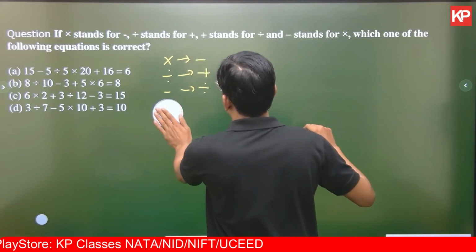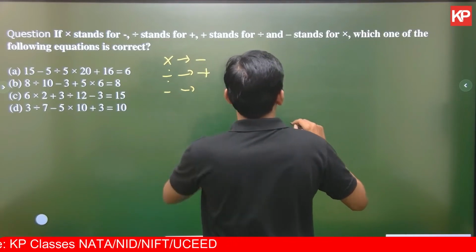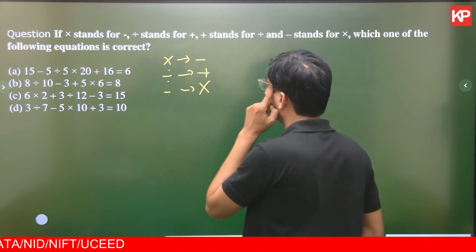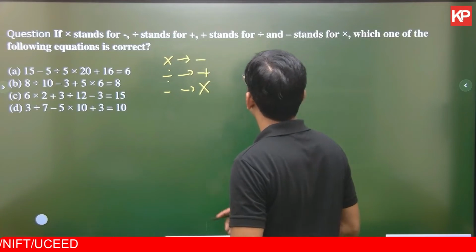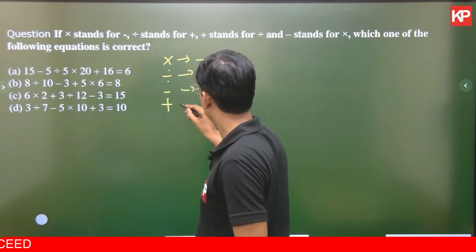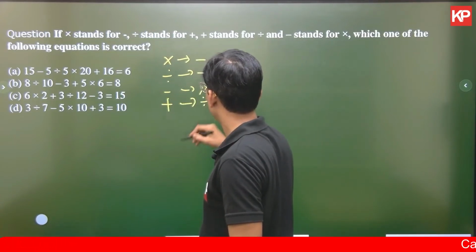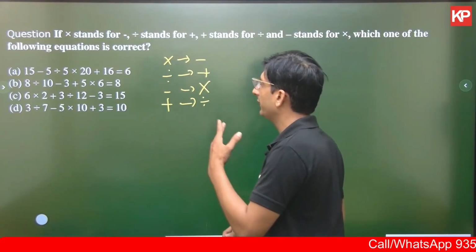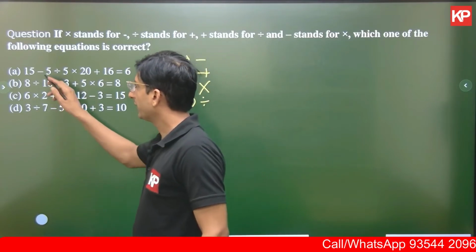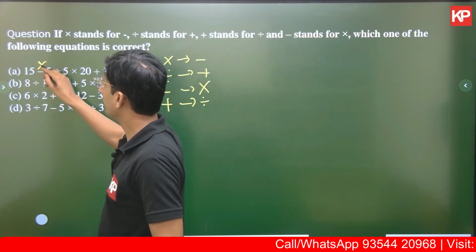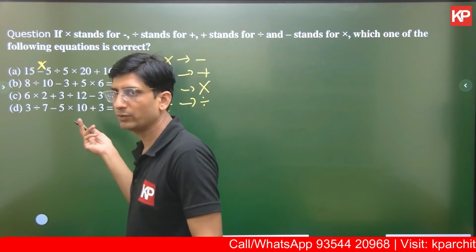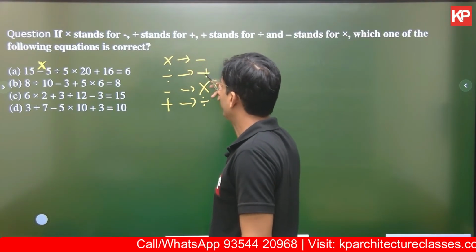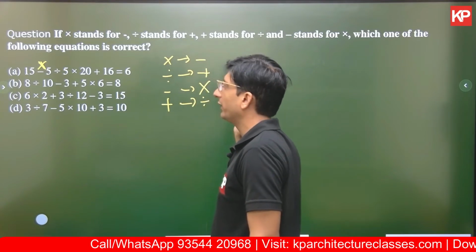So just remember it now. Sometimes you even have to remember it, if that is quite easy. At the place of multiply, every time we have to write minus. Where it is minus, we have to write multiply.